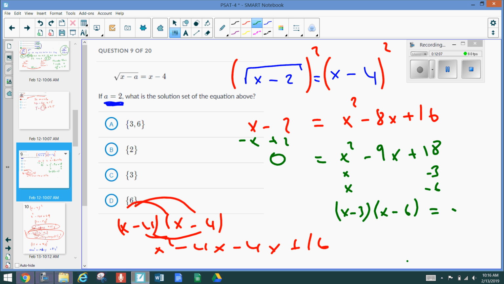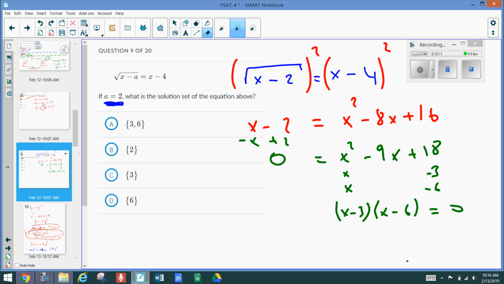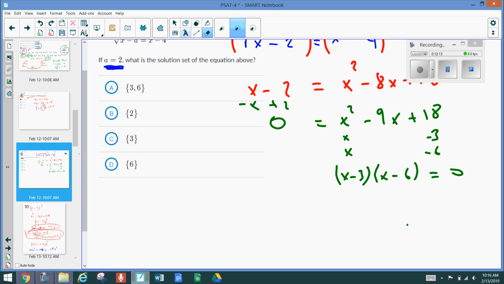I feel like if you do this method, you're more likely to get it. Is equal to 0. Correct. And then what are the roots? X is 6 and 3. So remember the previous class, a times b is equal to 0. The number is supposed to be equal to 0 separately, right?